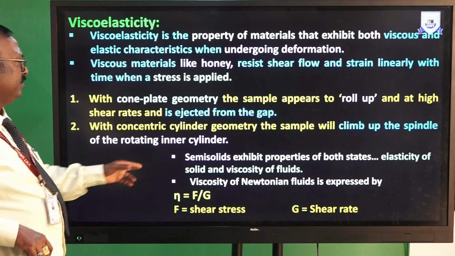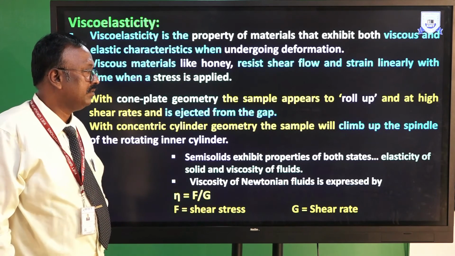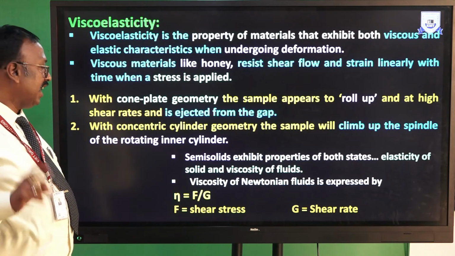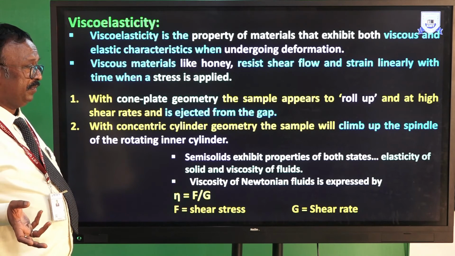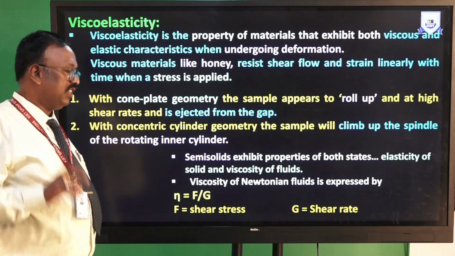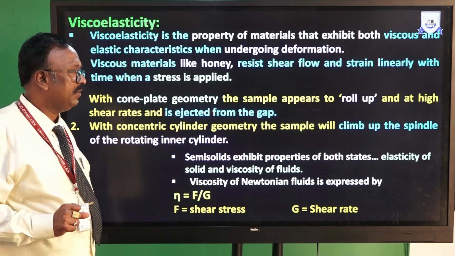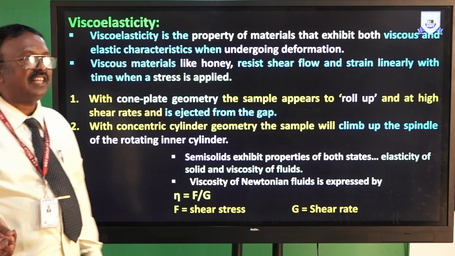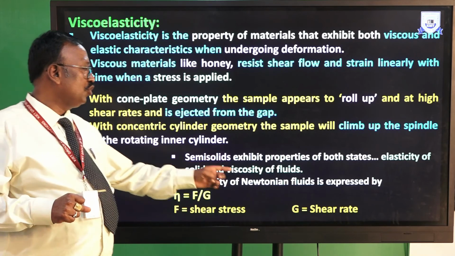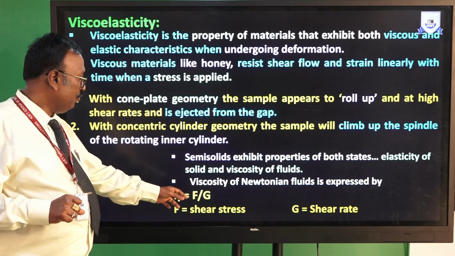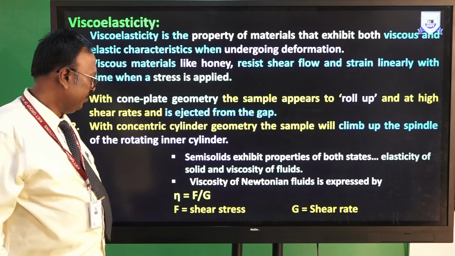That means some semi-solid materials exhibit properties of both states, that is, the elasticity of a solid as well as the viscosity of a liquid. The viscosity of a Newtonian fluid is expressed by eta equals F by G, where F is shear stress and G is shear rate.